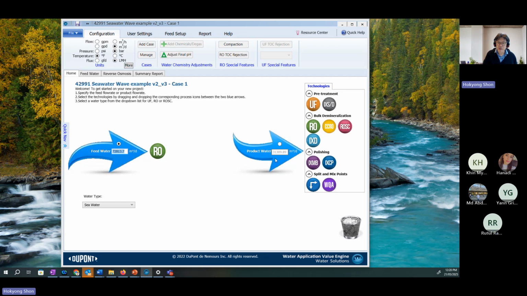So which means if you have 50% recovery rate, your feed water should be double, right? So it should be 500 million liter per day of feed water that has to be included. But it's a very big number you are designing from the beginning, because we don't want to use one train.